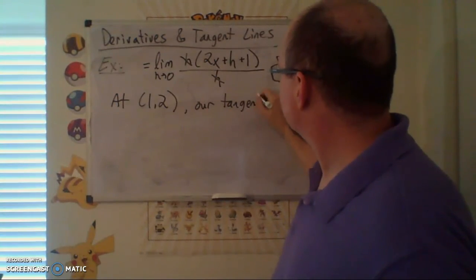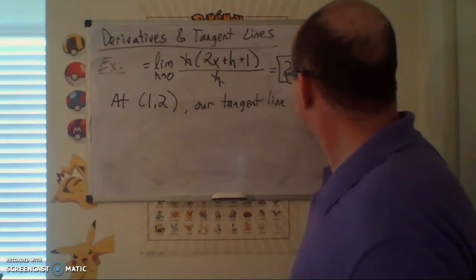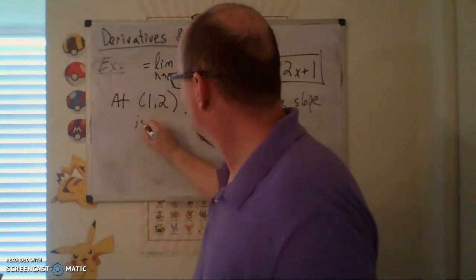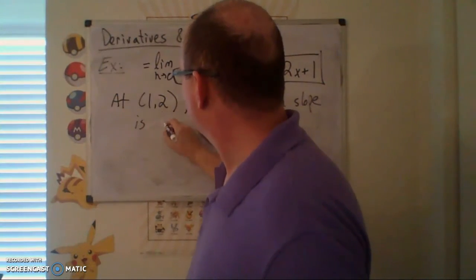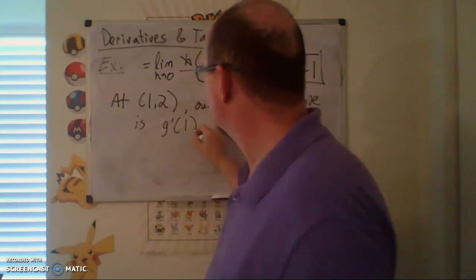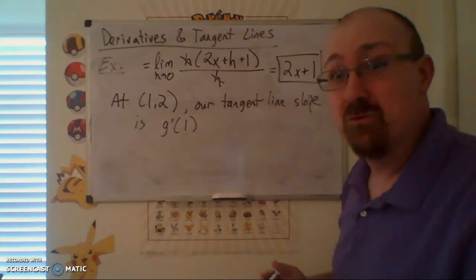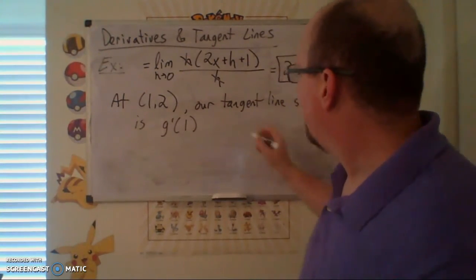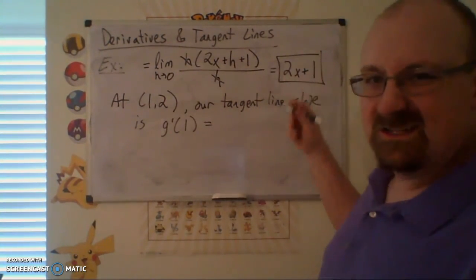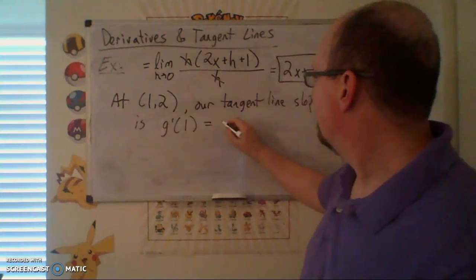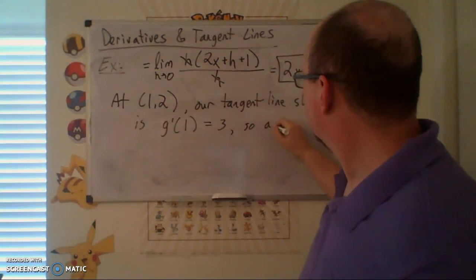So our tangent line slope is, I think I call this g, so g prime of 1. So now we can plug that 1 in here and get a numerical slope back. And hopefully you can tell that 2 times 1 plus 1 gives me 3.